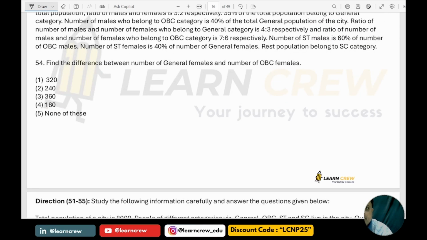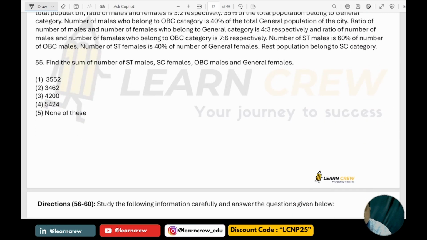Next, find the difference between the general females. General females are 1200 and OBC females are 960. So the answer is 240. Next, 55. Find the sum of the ST males. ST males are 672. SC females.